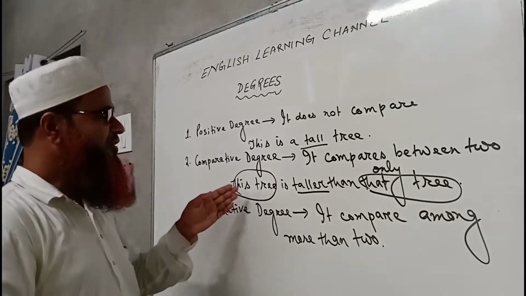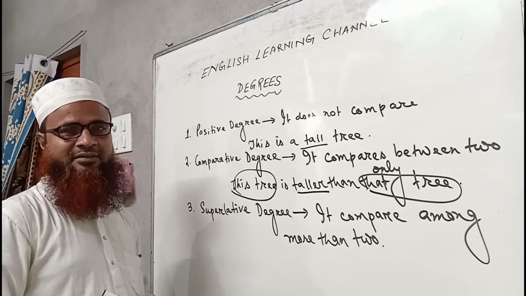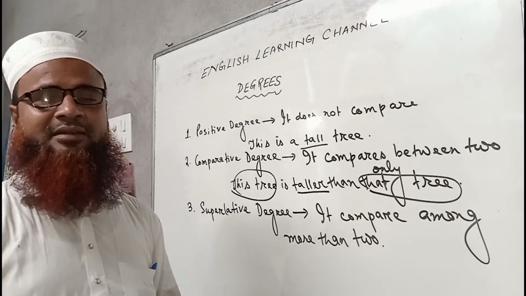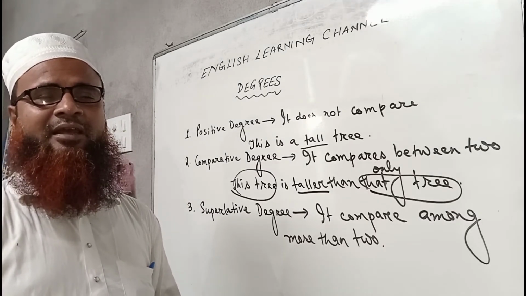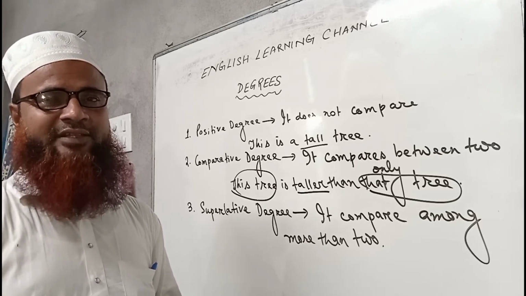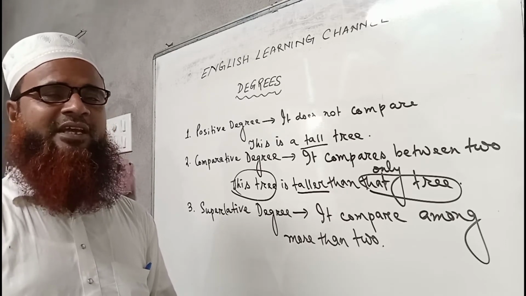That is why we may write this is the tallest tree. This means there are many trees, more than two trees, and so which one is the tallest? To indicate this, we use the superlative degree.